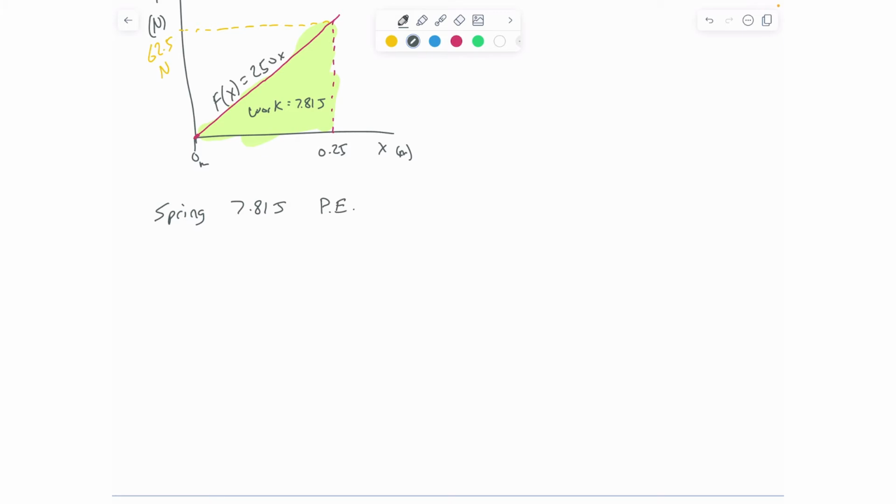Initially the spring had 0 joules of potential energy before you compressed it, right? Before you compressed it, it had no energy. But once you compressed it, you took the energy from, say, your muscles, and now that energy has been transferred into the spring. So the spring had 0 joules, now it has 7.81 joules, okay?